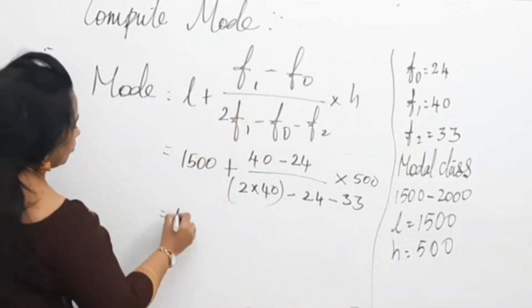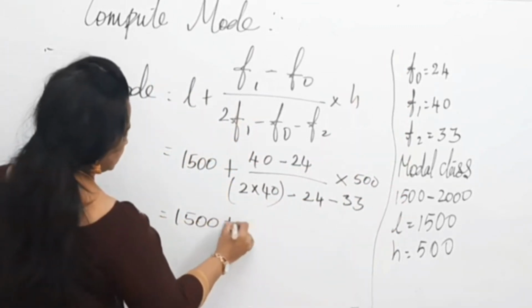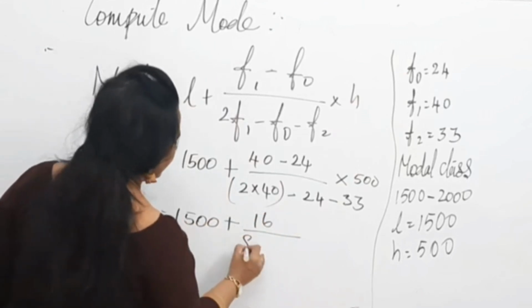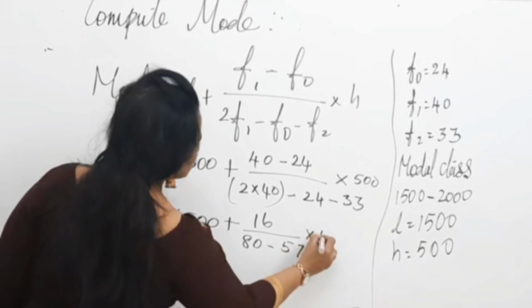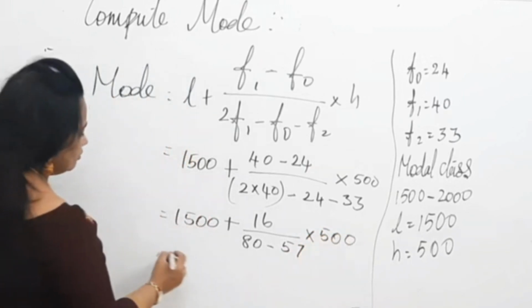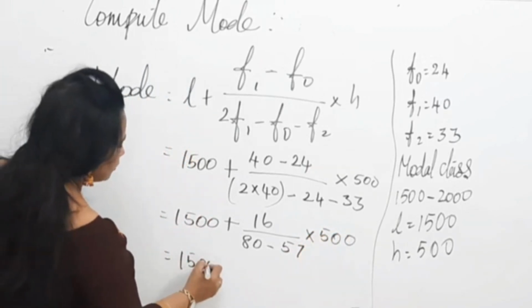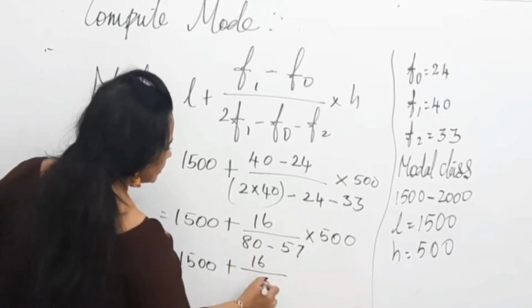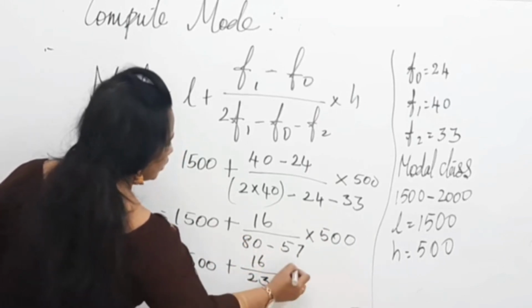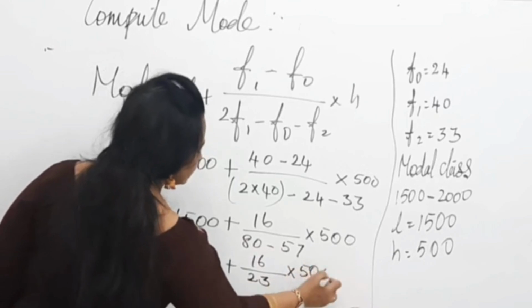So my calculation is 1500 plus 16 divided by (80 minus 57), into 500.